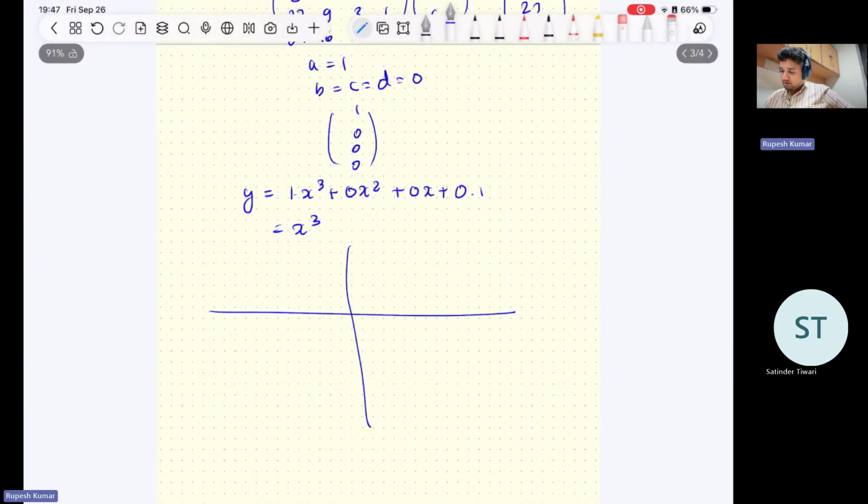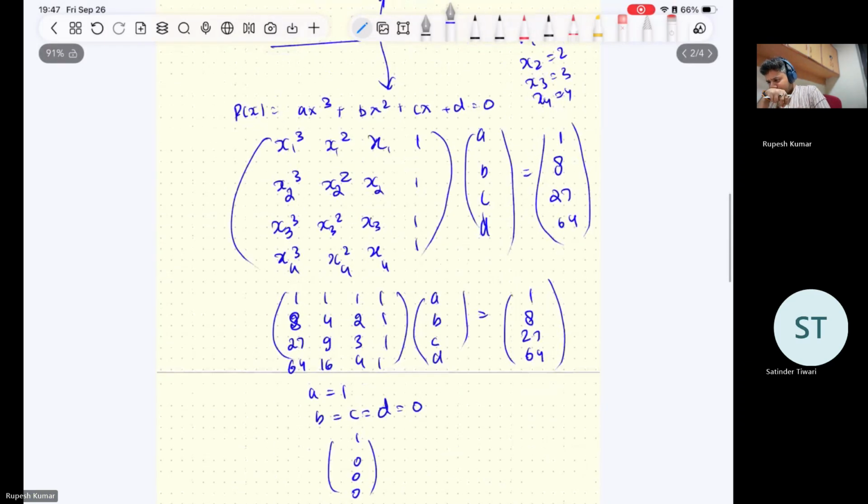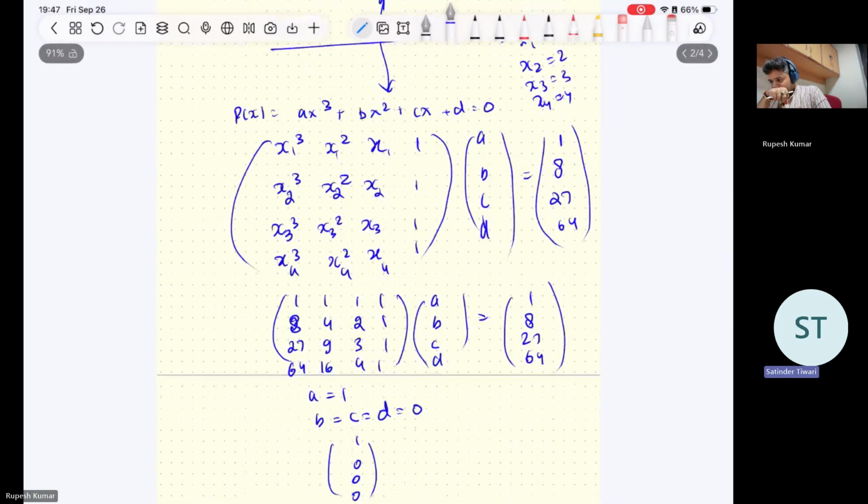You got a degree 3 polynomial by solving this system of equations. This is a kind of curve fitting that is very useful, and this is one of the applications that you will see. Is this clear?